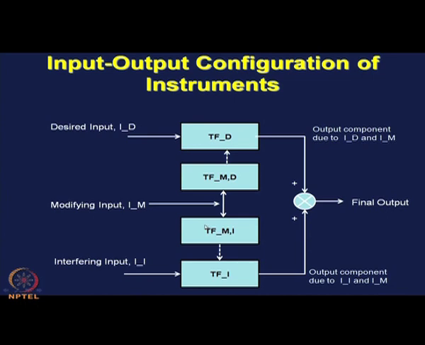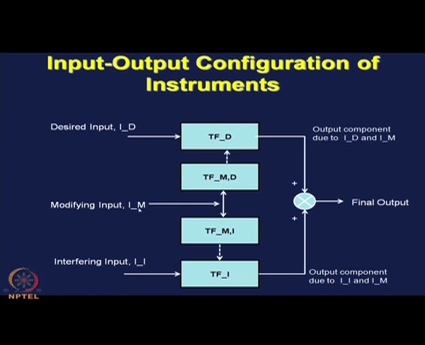So, we presented this block diagram in the previous class, which represents a general input-output configuration of instruments. You have desired inputs, modifying inputs and interfering inputs. Let us consider this as a transfer function which works on desired input. Or let us first consider this, the transfer function which works on interfering input.